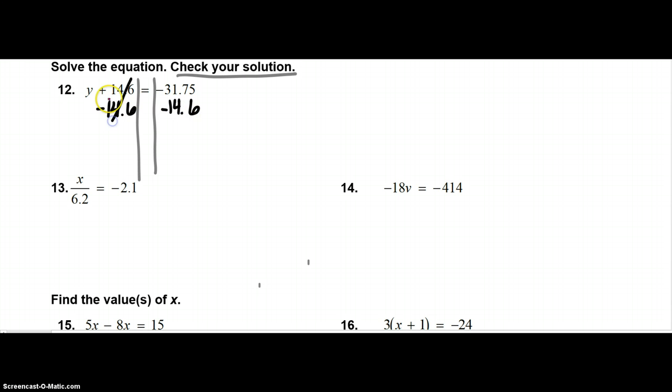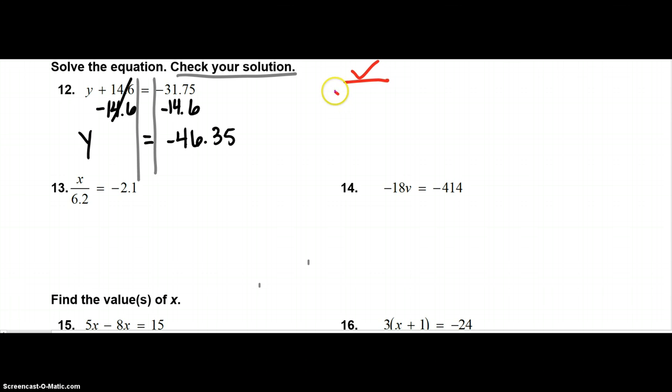On the left side, those cancel out, and I'm left with y, bring down the equal sign. Negative 31.75 minus 14.6 is a negative 46.35. Now to make sure we are correct, we're going to do our check step to the side here.